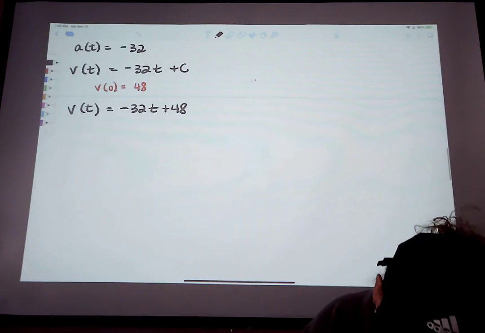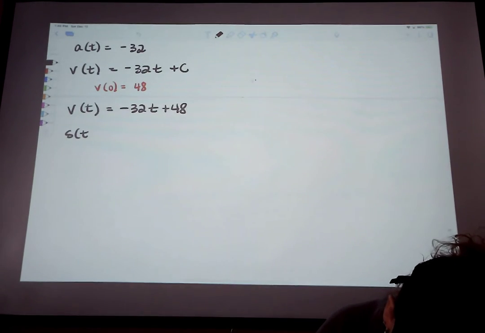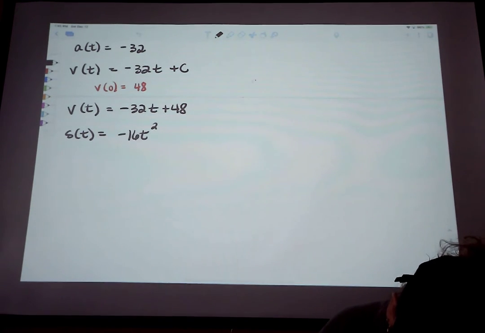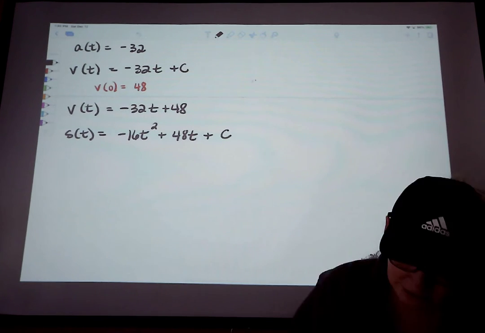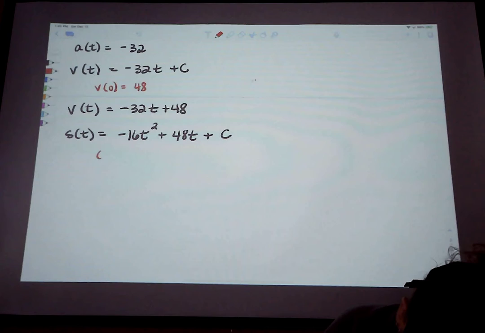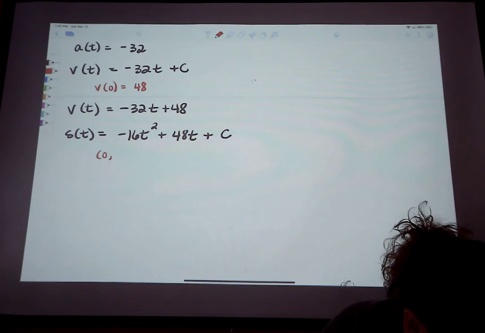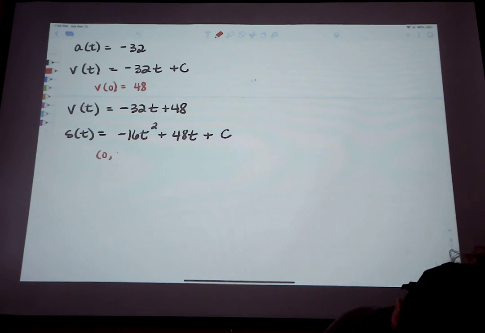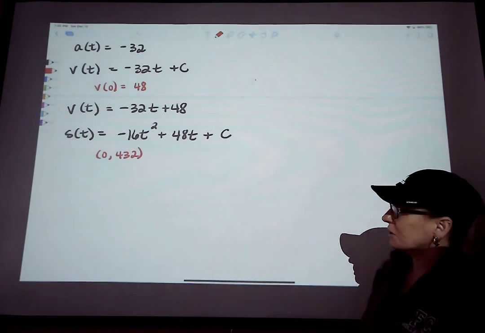Let's keep going. Let's do an antiderivative on that. I'm going to raise it and divide. Throw a t on there, plus c as my constant. Remember, the ball's initial position was 432.